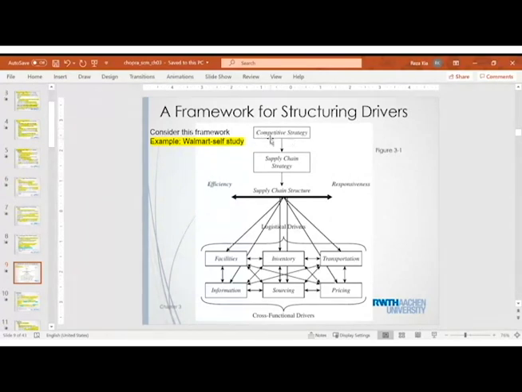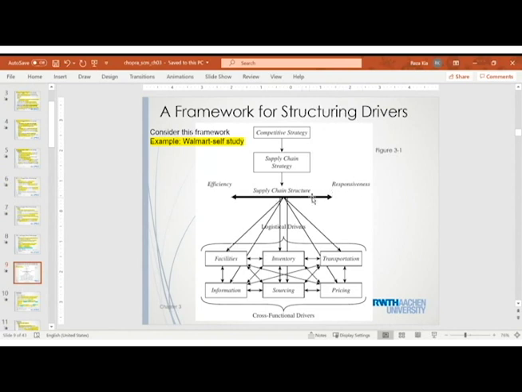By defining the competitive strategy, it means that we are understanding the customer priority and what would be the advantage and competitive features of our supply chain in the market to get some customers. And on the other side, you need to develop the strategy of your supply chain based on your capability. And in this regard, you need to decide if your supply chain is going to be more efficient or more responsive.